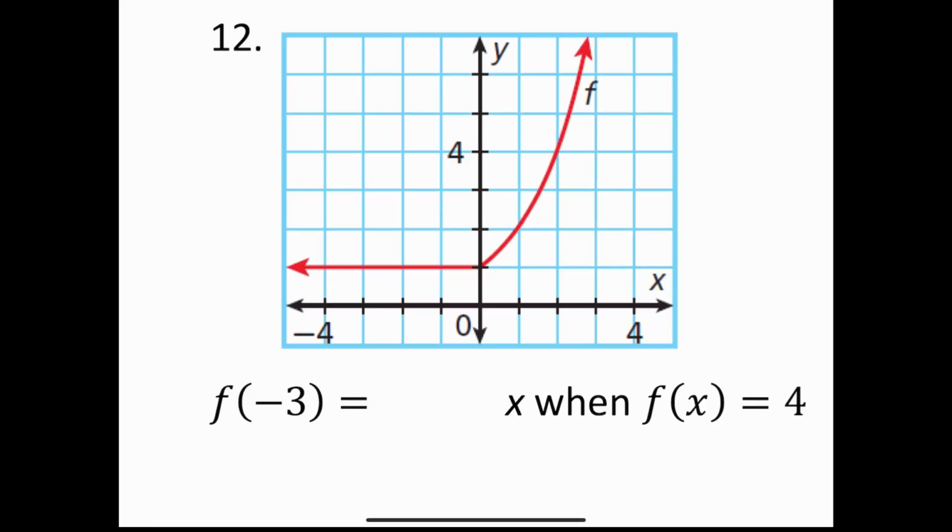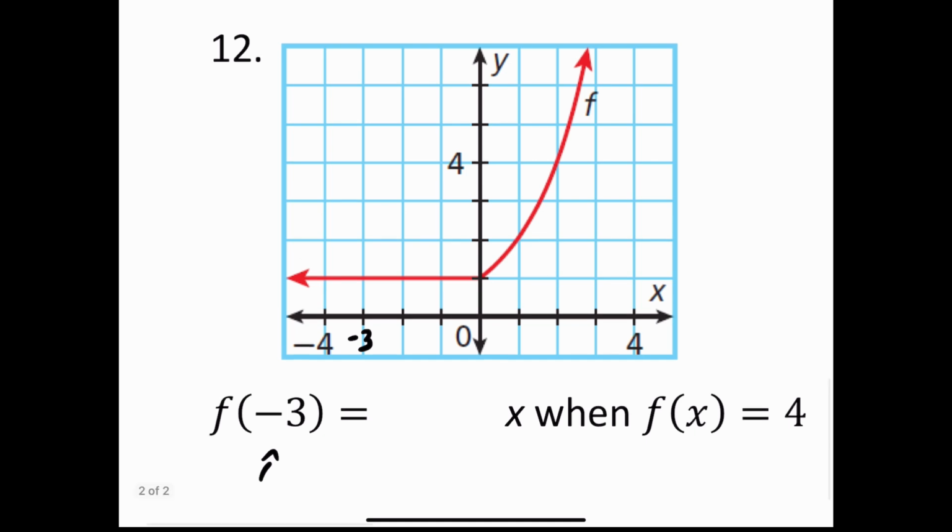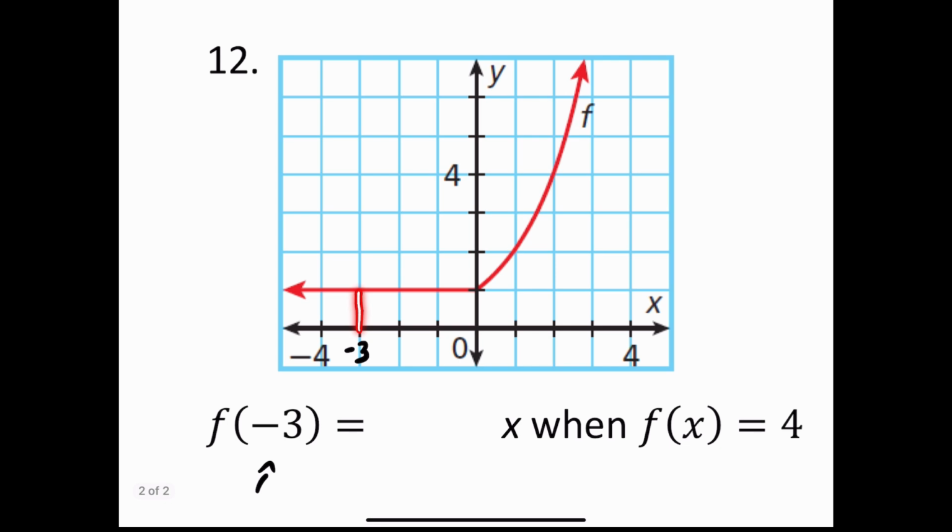Now we have 12 here. It says f of -3. So if the input is -3, -3 is located right here on my graph. Well, the y value would be +1.